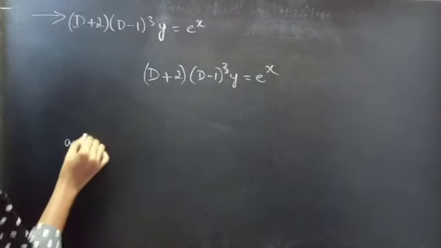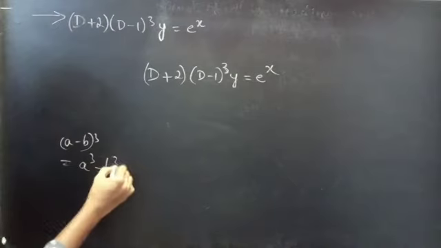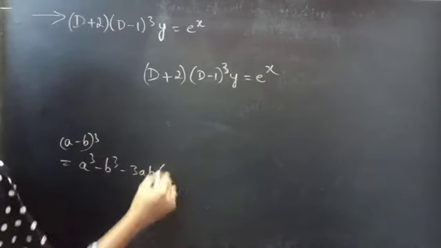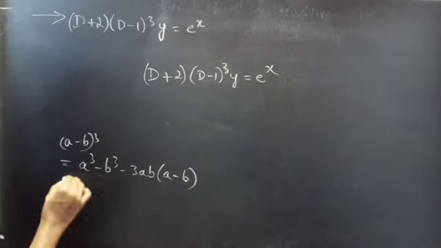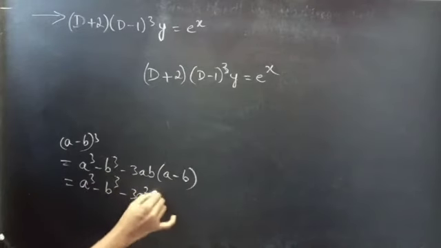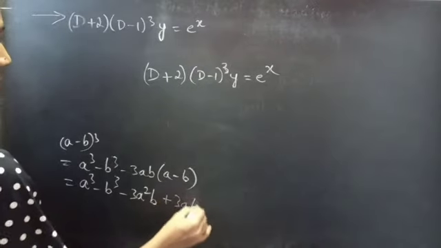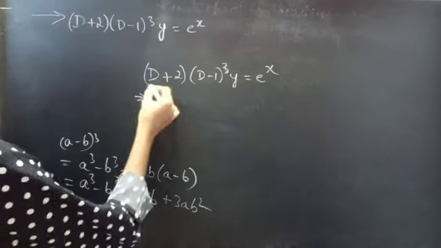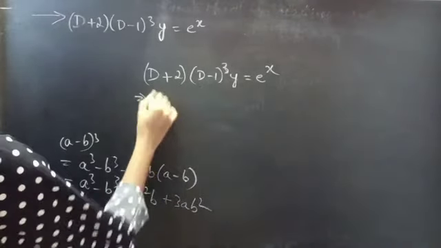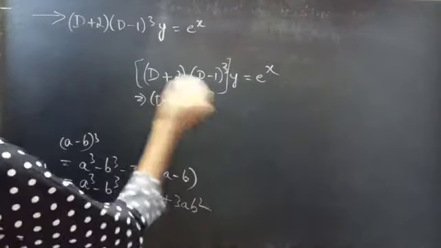You know that (a-b)^3 equals a^3 - b^3 - 3ab(a-b), which is equal to a^3 - b^3 - 3a^2b + 3ab^2. Now you can write the LHS part as follows.